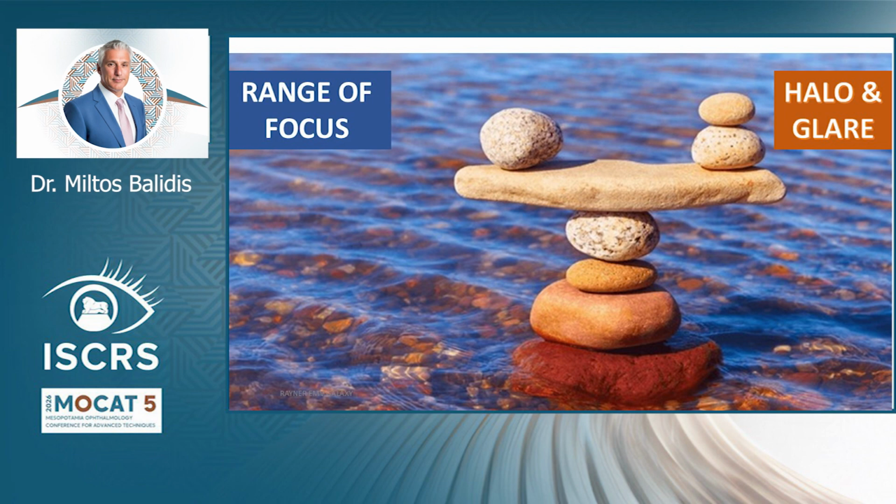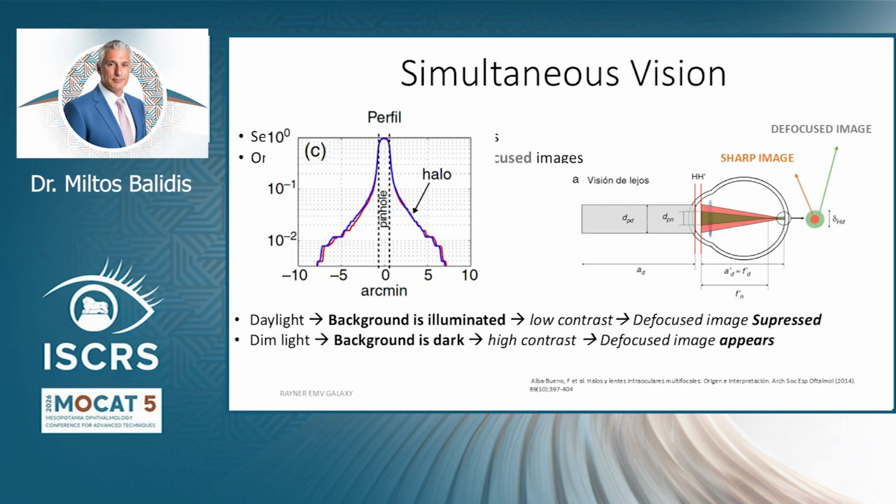Why is halo happening? This is something that comes from physics, and it's very clear. Halo is happening when you have simultaneous vision IOLs. What it means is that when you have a trifocal lens in a patient, then you are creating 3 images, one for distance, one for intermediate, and one for near.